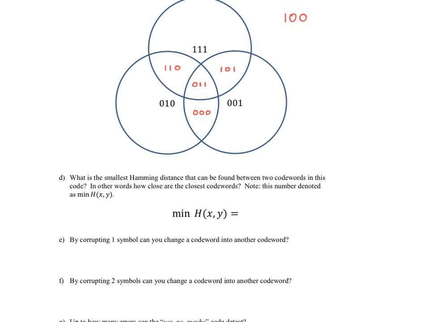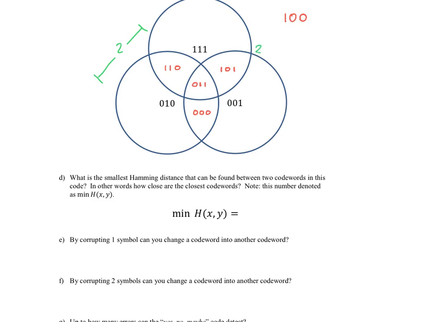How about we go through all of the possibilities and then we'll report the smallest number. So this isn't really actual distance as we think of distance on our page, but it's a theoretical distance, so it's nice to draw it out as an actual distance. So that distance represents 2, and the distance from the code word in the top part, the yes, and the code word for no is also a distance of 2.